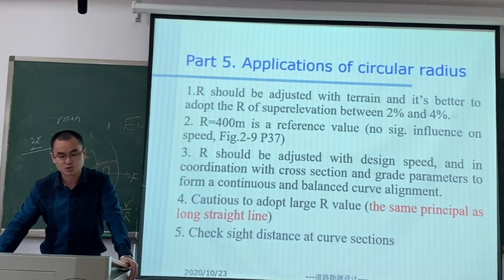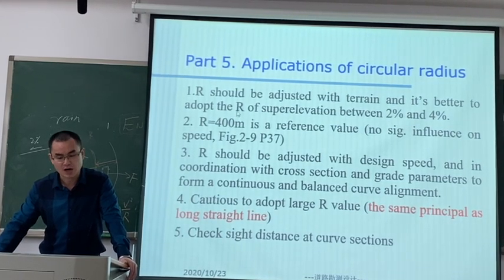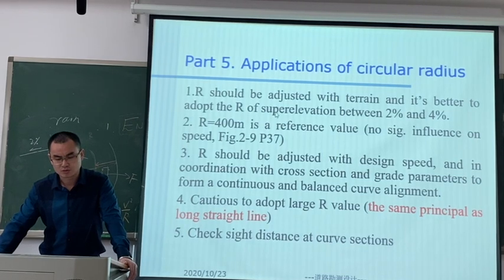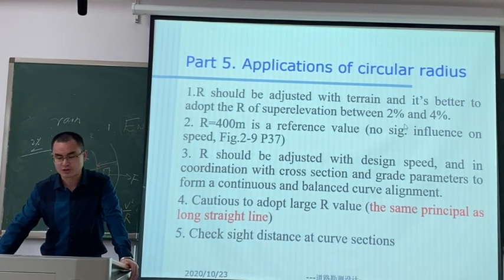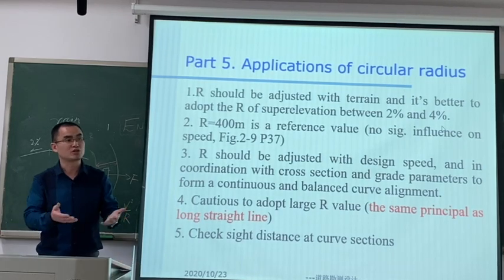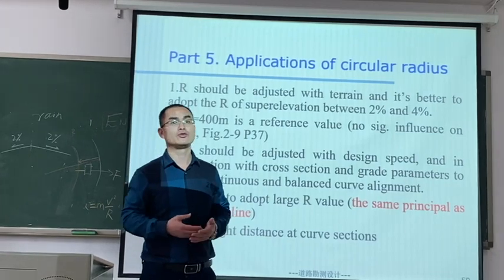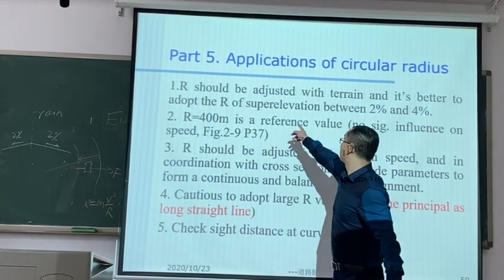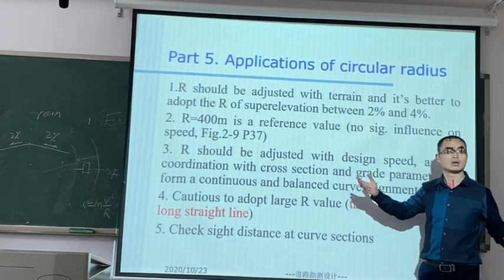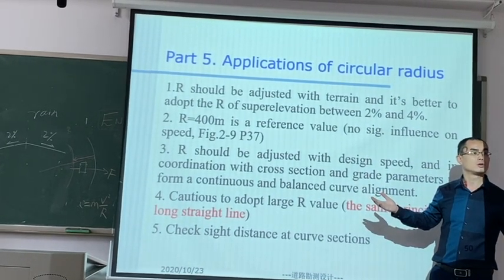It's better to adopt the value of R with superelevation between 2% and 4%. If you meet this superelevation condition, it's okay. For that it is not a problem.